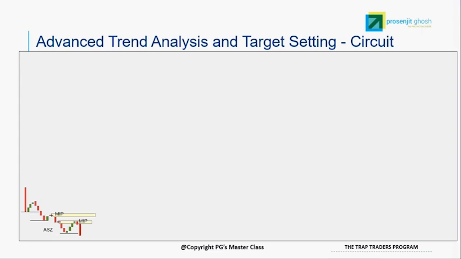By this, another supply MIP got created in the chart. Now, what we said, a circuit is nothing but the gap between two MIPs. So the gap between these two MIPs, we will call circuit 1.